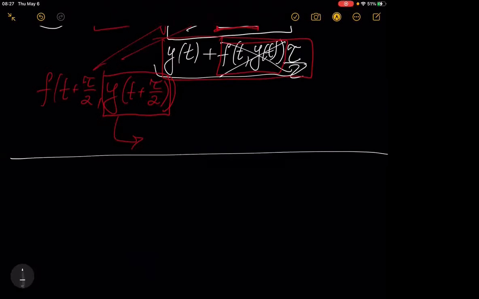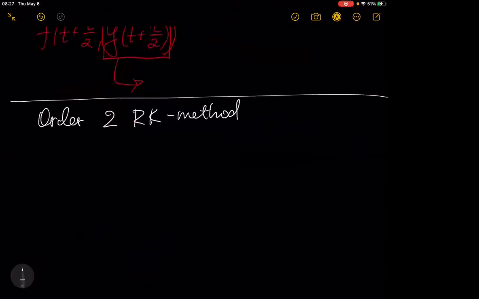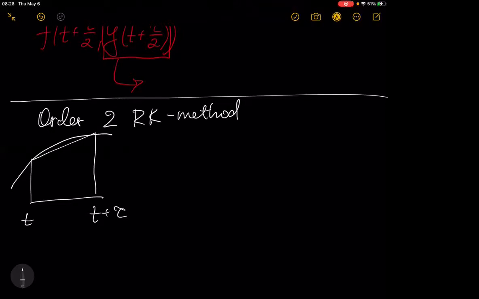Now, it's very similar to, remember, the order 2 Runge-Kutta method, which we used, which was essentially nothing else but trapezoid. For trapezoid, you also need it in order to evaluate your integral, right? If this is t plus tau, here you need to know f.